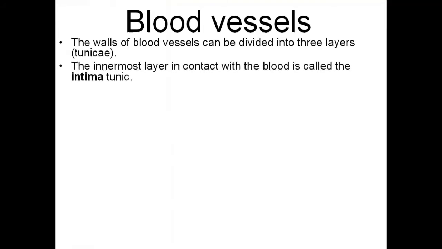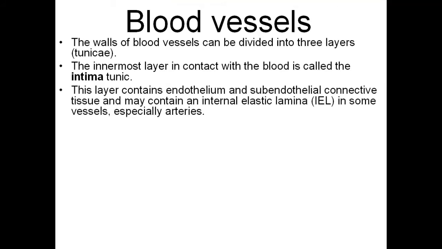The innermost layer is called the intima. This layer contains the endothelial cells and some subendothelial connective tissue, and may contain an internal elastic lamina in some vessels, but not in all.